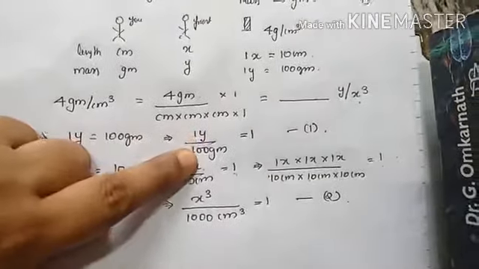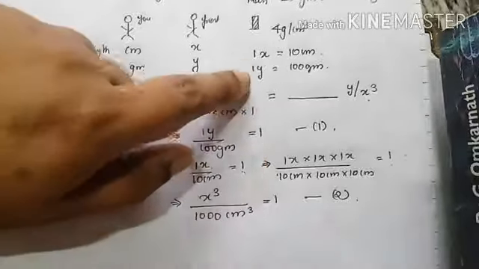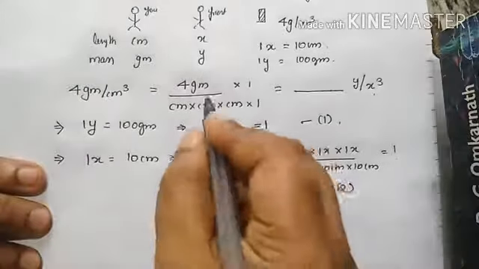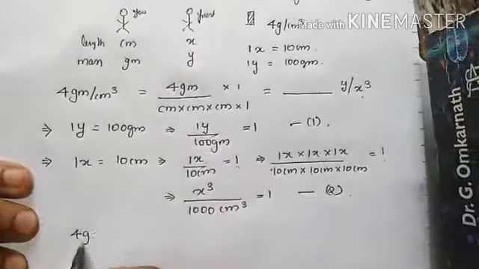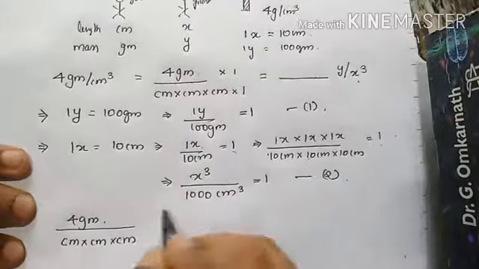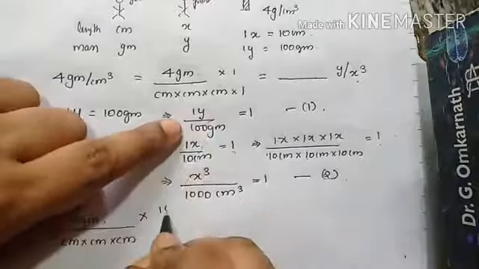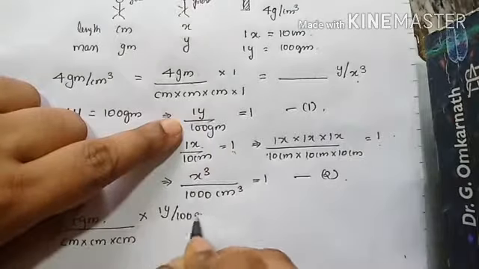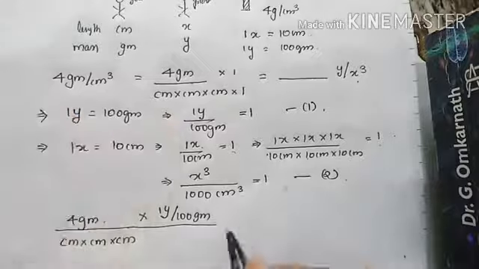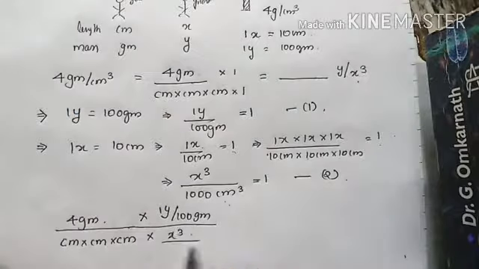Similarly, 1y by 100 gram is equal to 1. Now I am going to substitute these values of 1 into this equation. So that is 4 gram over centimeter, centimeter, centimeter, into 1. The numerator's 1, I am going to replace with 1y divided by 100 gram, and the denominator's 1, I am going to substitute with x cube divided by 1000 centimeter cube.